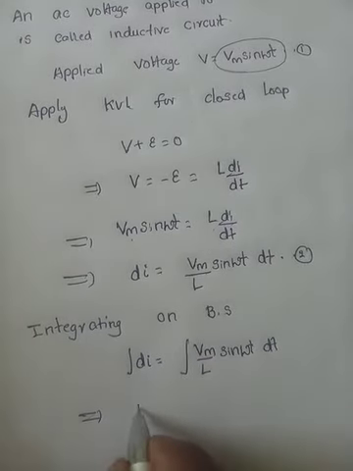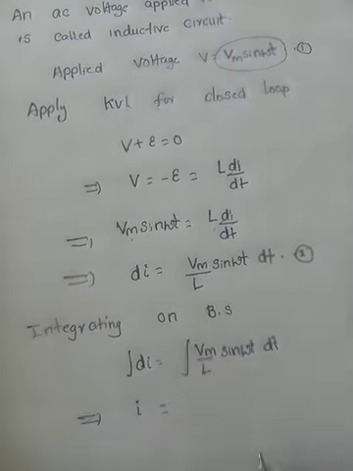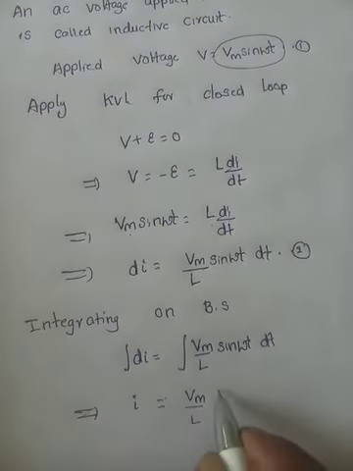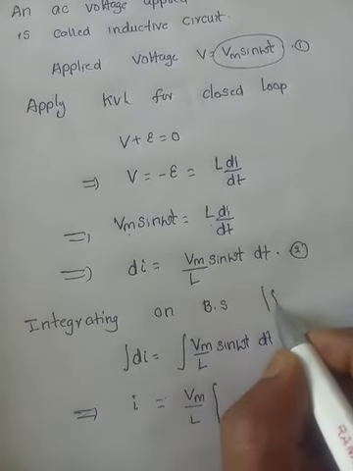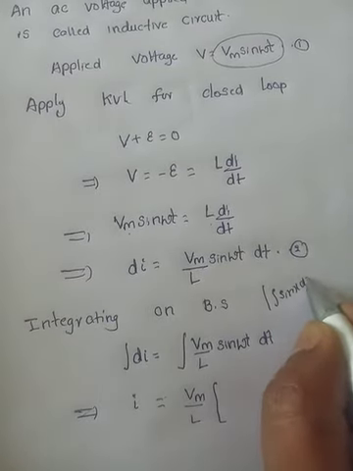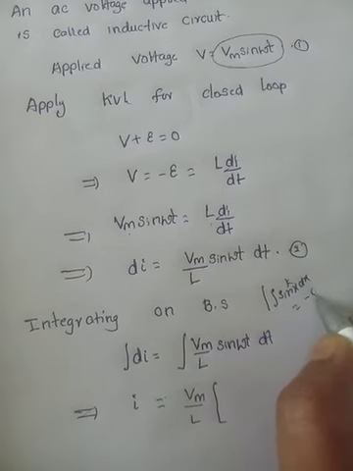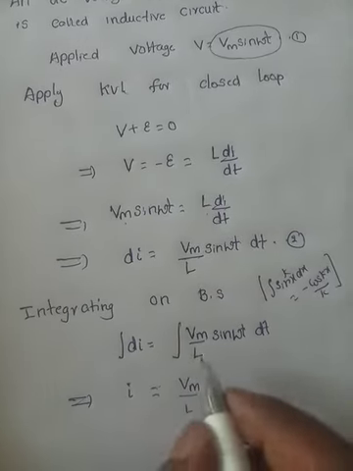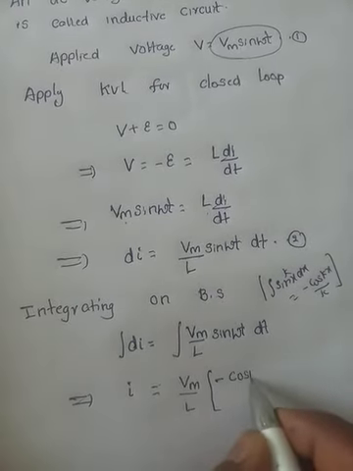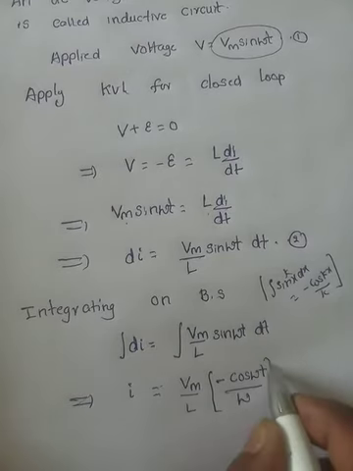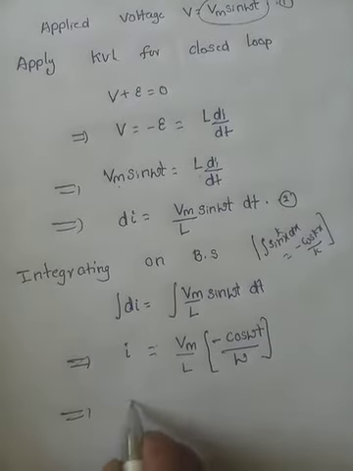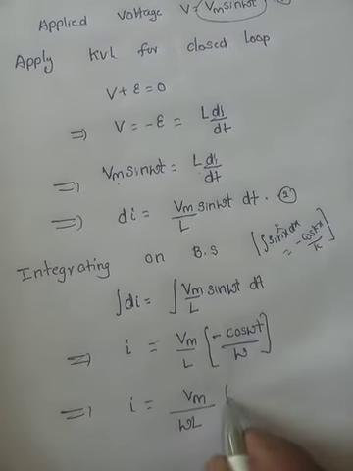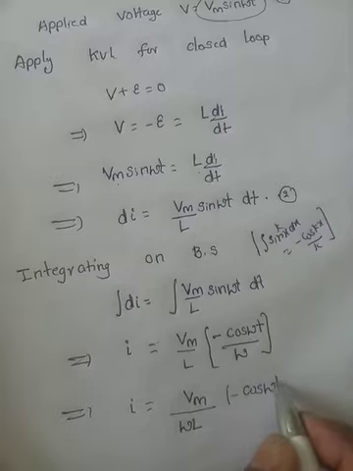Integration of di is I. Vm is constant, and the inductance of the inductor is also constant, so let us keep the constants aside. Integration of sin kx dx is minus cos kx by k. So here it is minus cos omega t by omega. That implies I equals Vm by omega L into minus cos omega t.